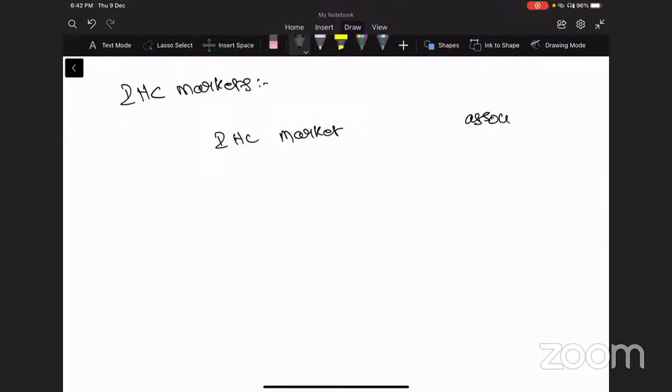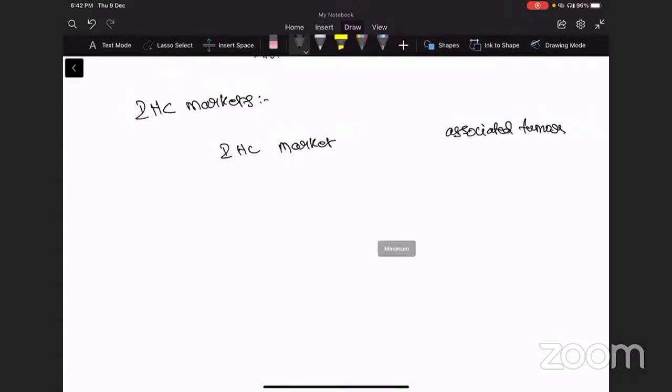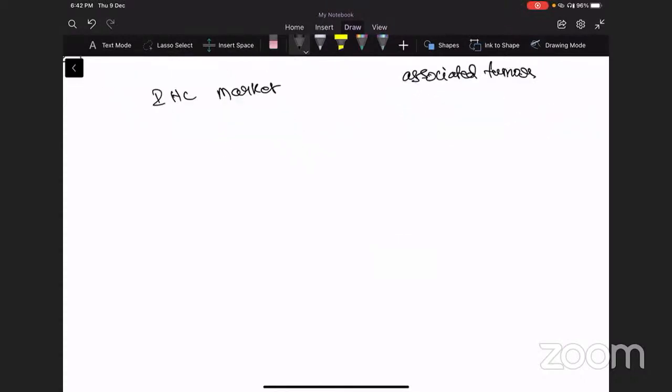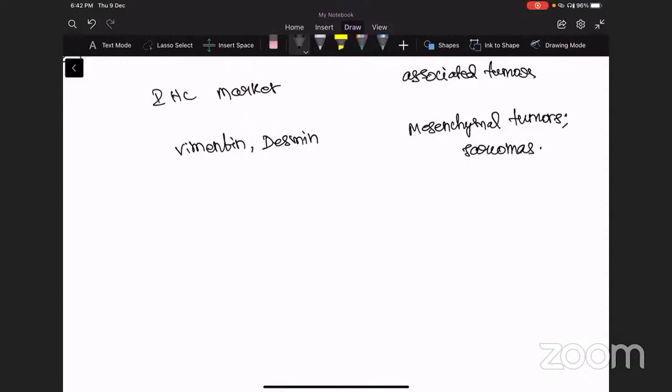IHC marker and the associated tumor. Vimentin, desmin associated with mesenchymal tumors and sarcomas.